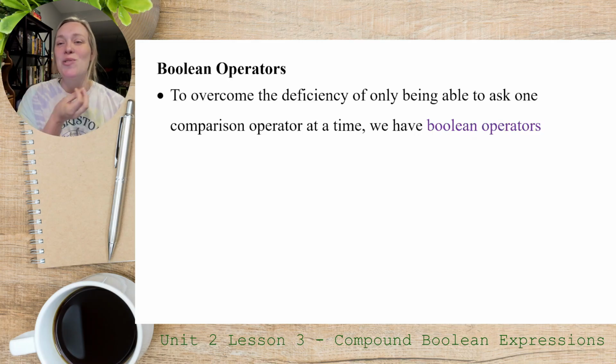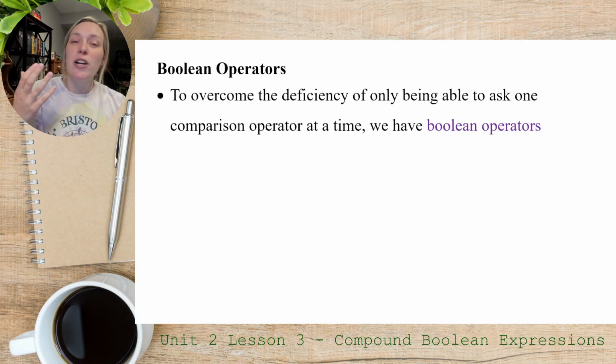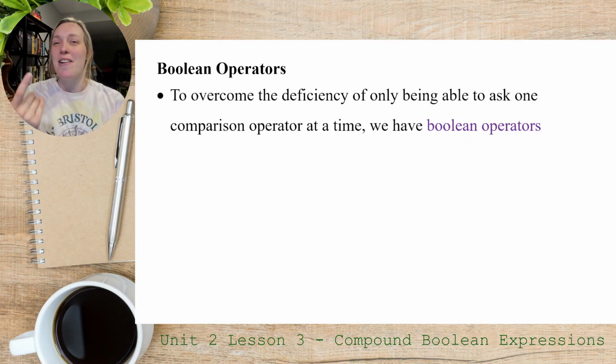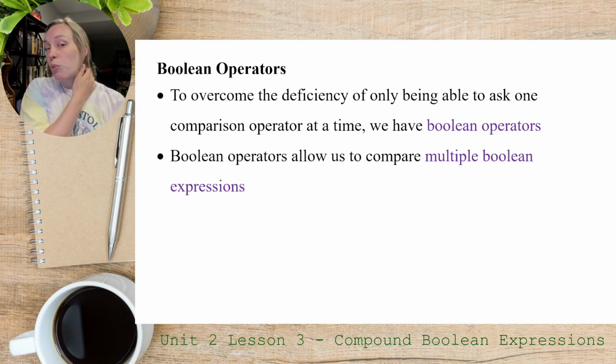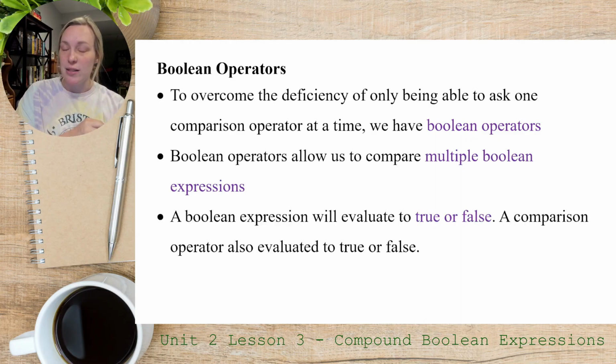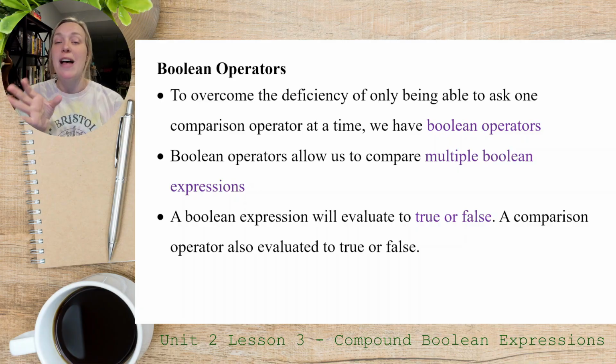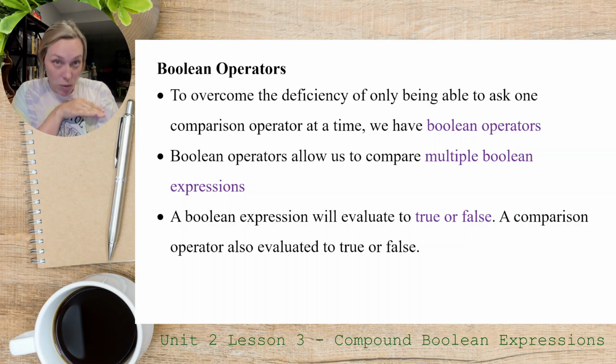Another way is to use what we call a Boolean operator. It's created to overcome this deficiency of only being able to ask one comparison operator at a time. Boolean operators allow us to compare multiple Boolean expressions. And remember, a Boolean expression evaluates to true or false. So it could be an expression we just saw, where X was greater than 20.